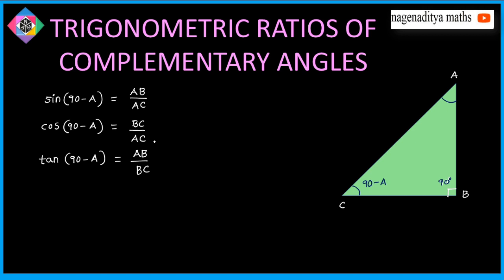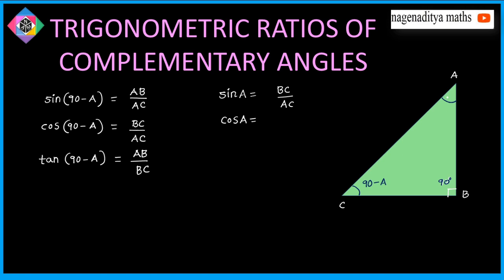Now I am going to find the values in terms of A. What is the value of sine A? The value of sine A is the opposite side to angle A over the hypotenuse, so this is equal to BC by AC. And what is the value of cos A? Adjacent side to A by hypotenuse.